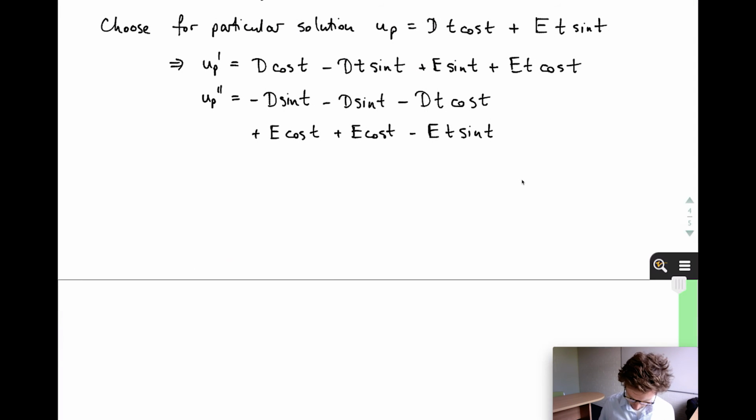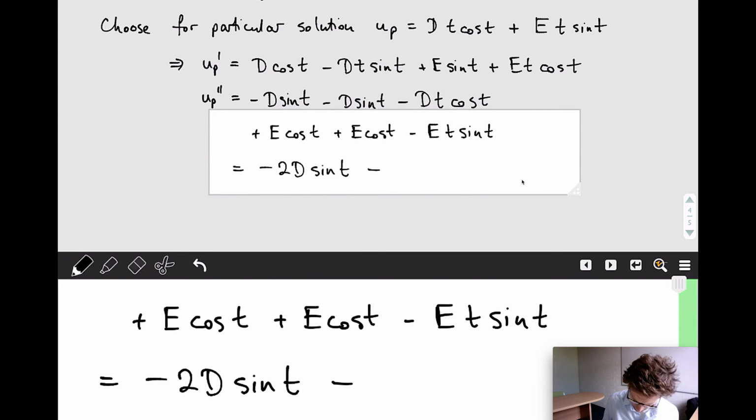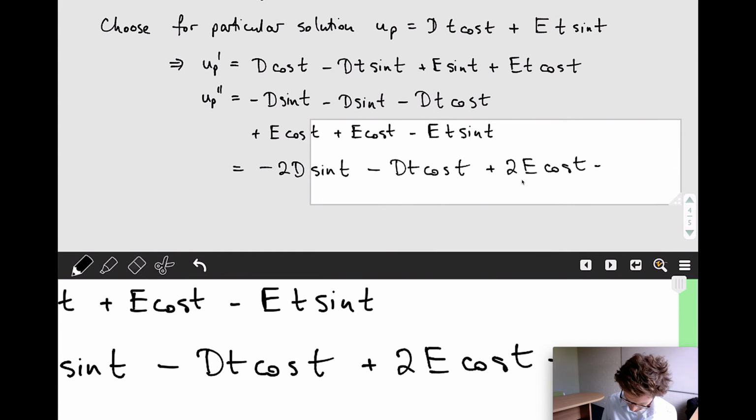So tidying this up a little bit, we get minus 2d times sine of t, minus dt cosine of t, plus 2e cosine t, minus e t sine t.